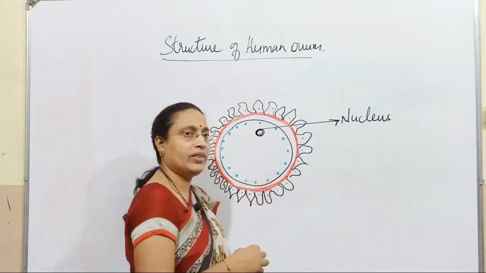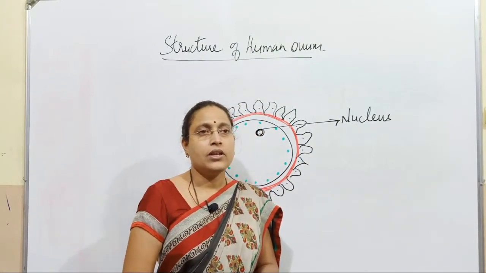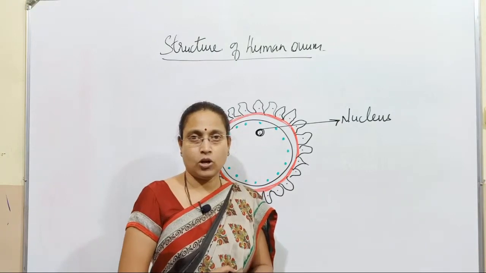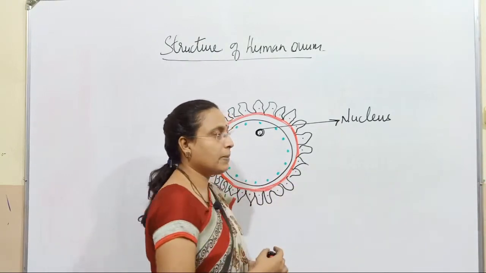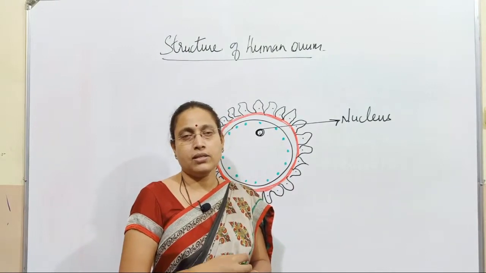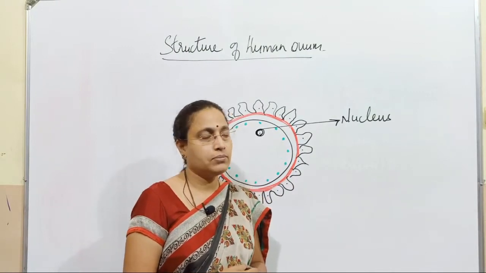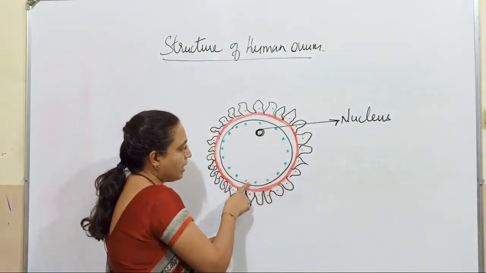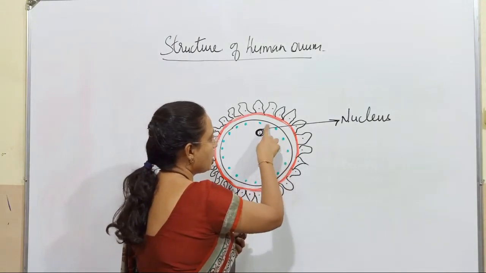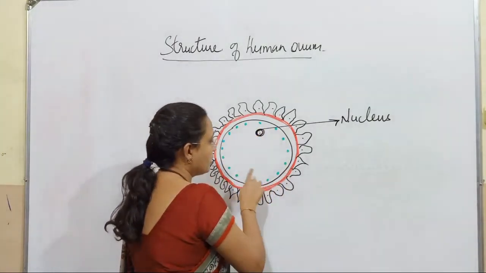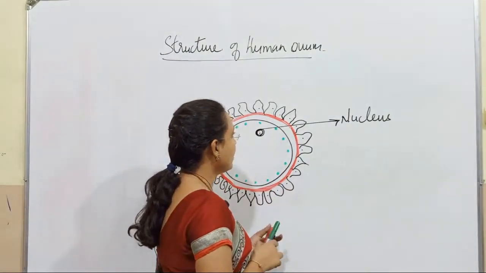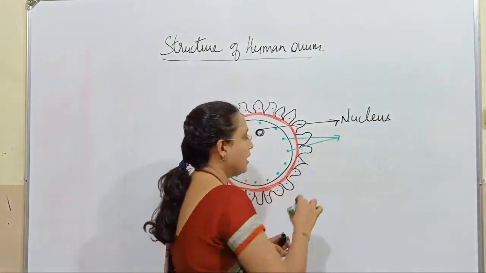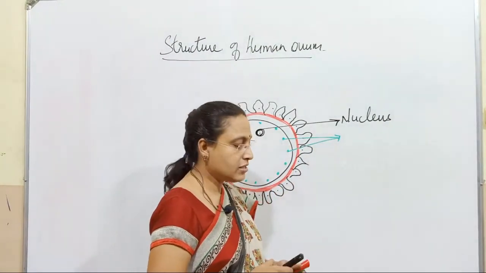Inside it, what is observed is the nucleolus. The nucleus is also called the germinal vesicle, and the nucleolus is also called the germinal spot. Also in the periphery, there are some granules which you can observe, represented here in green. These vesicles are called cortical granules.